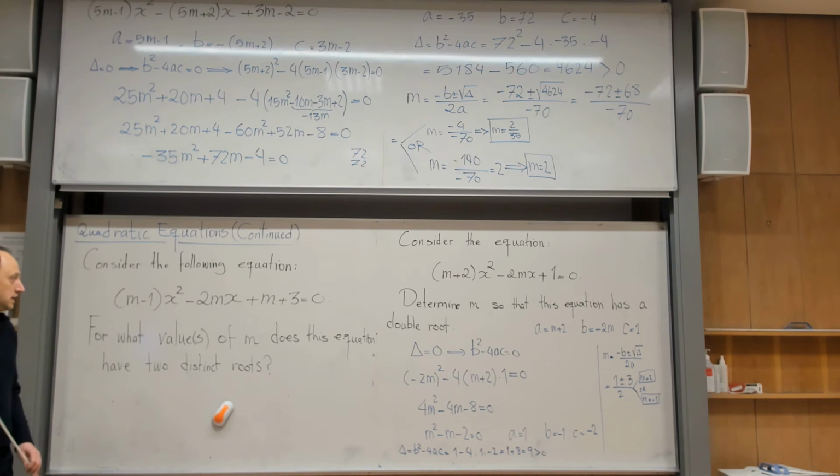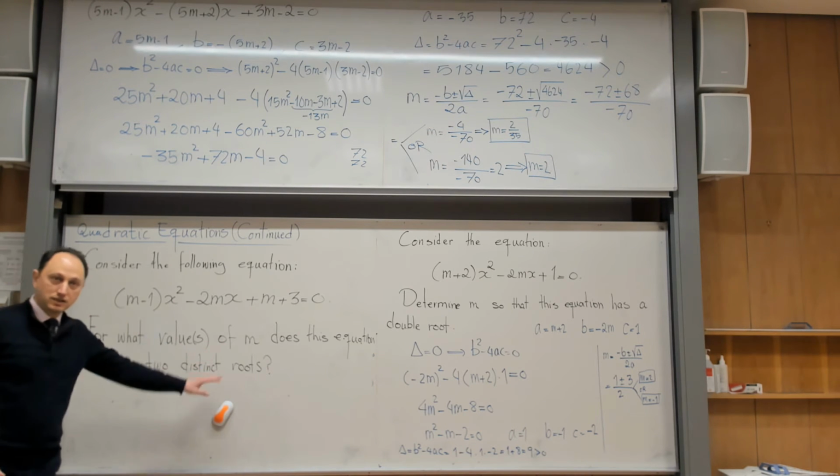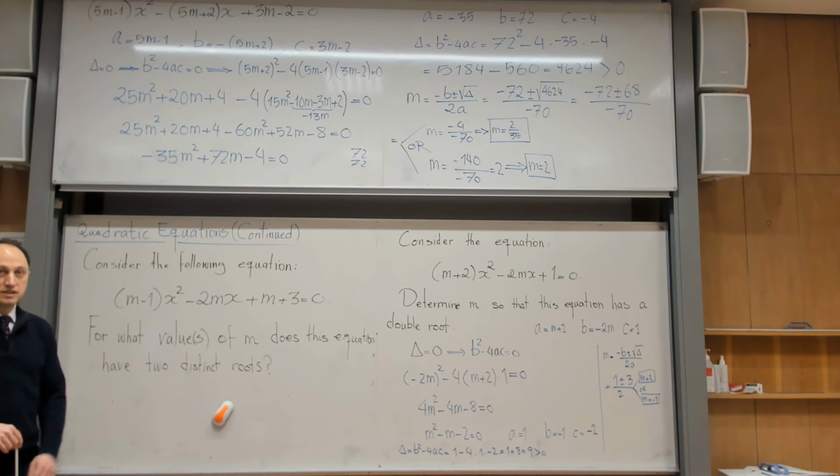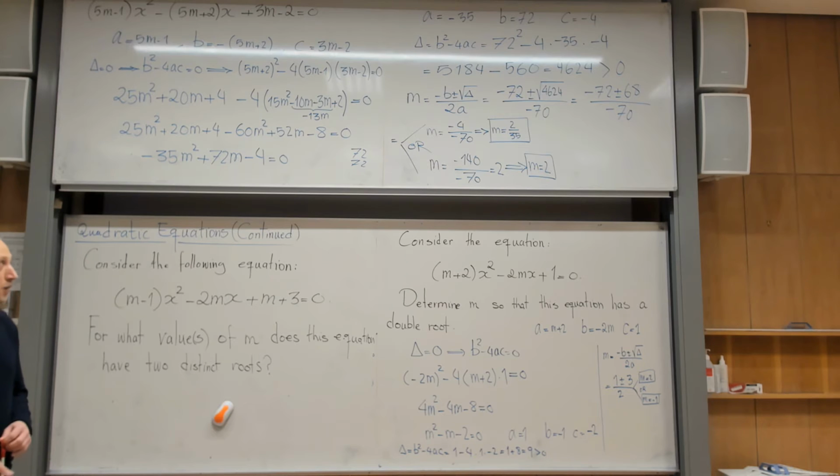But here I want you to find what value or values of m give rise to an equation with two distinct roots. Just a slight adjustment is needed. It's not a hard problem. I will consider this kind of problem an A-level problem, but now that you have seen the previous solution, I don't consider this a really hard problem. I give you 5 minutes again to think about this problem.